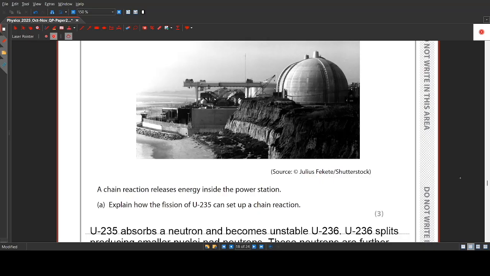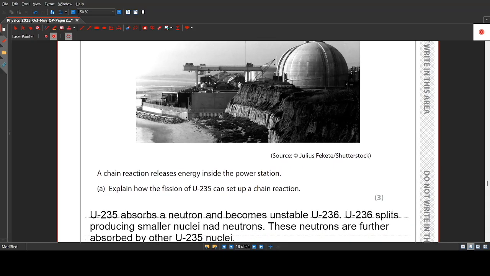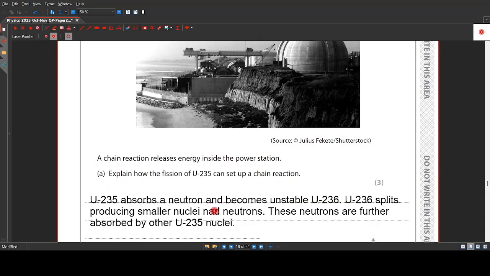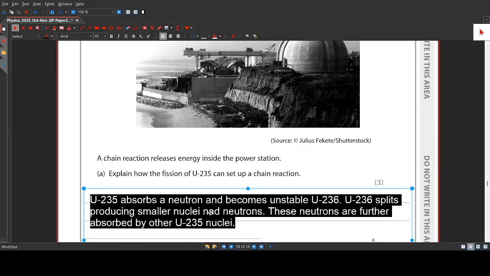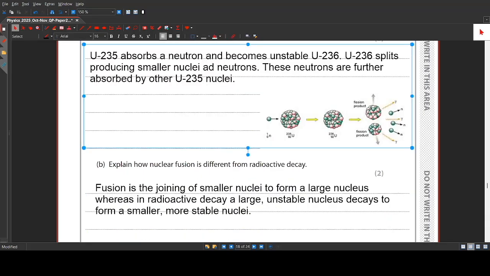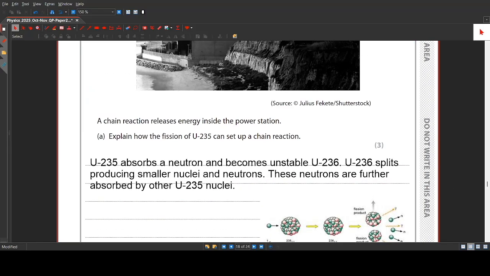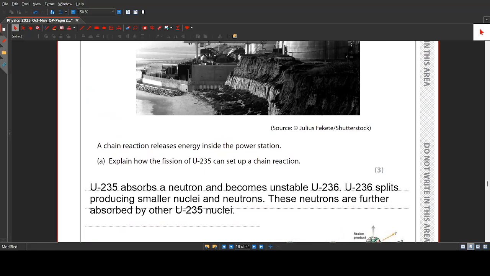Now, uranium-236 splits, producing smaller nuclei and more neutrons.